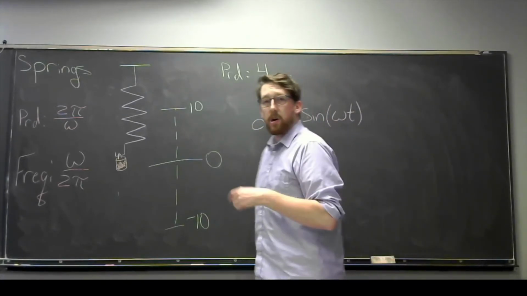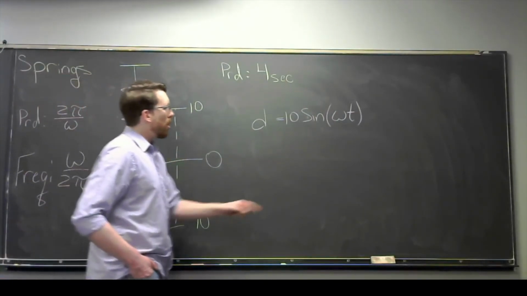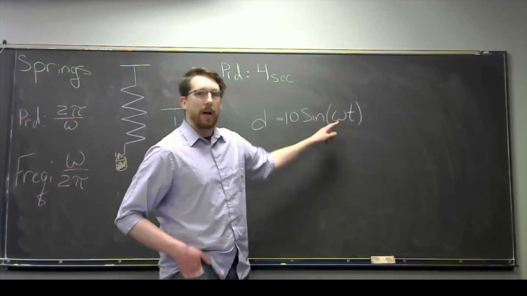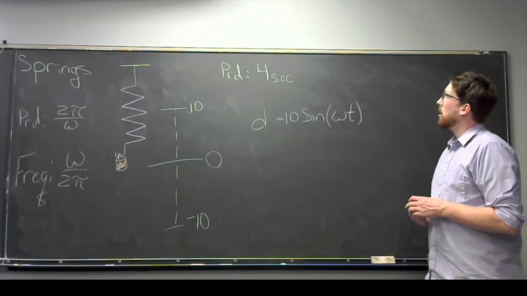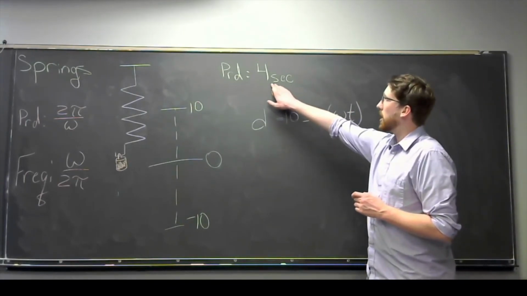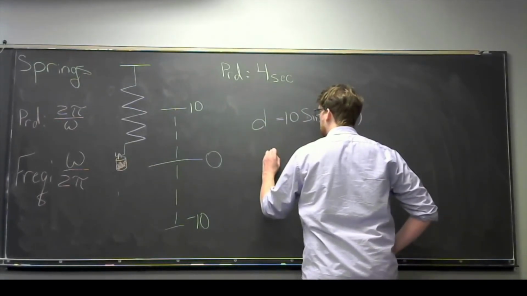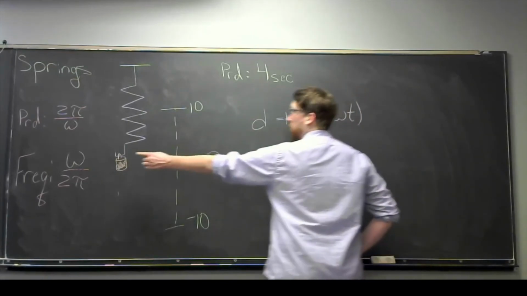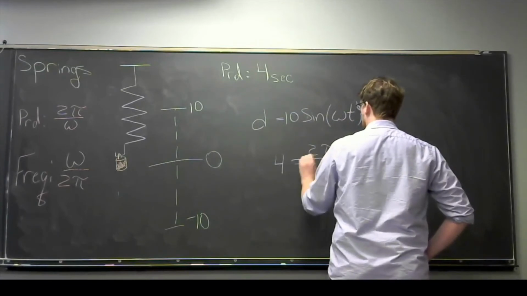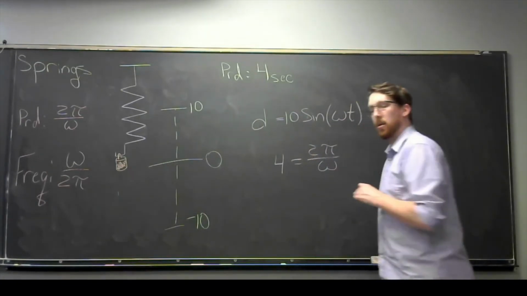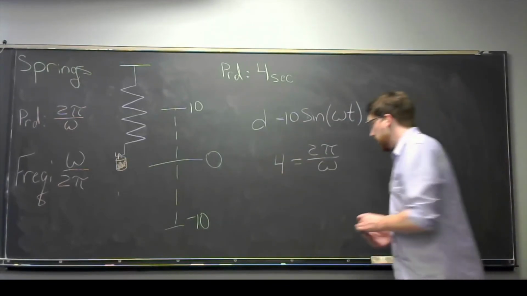So it looks like we've got our equation by and large, right? We're just missing one term, one value. What is this omega term? How are we going to find it? Well, the problem tells us that the period is 4 seconds. We know that this means then 4 is equal to 2 pi over omega. We can multiply both sides by omega and divide 4 from both sides.